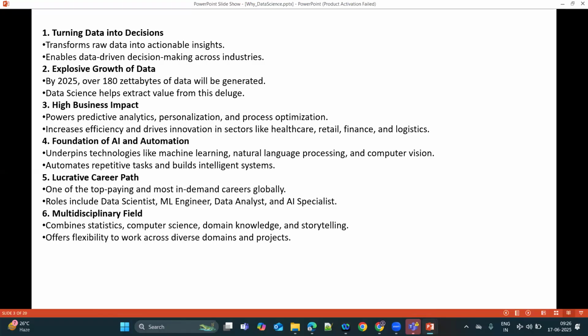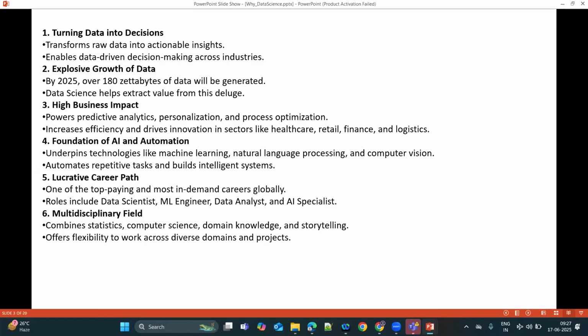And one more thing, it is a multidisciplinary field. As I told you, data science is the ocean, and there we'll be using multiple technologies like statistics, mathematics, linear algebra, machine learning algorithms, and deep learning algorithms. Also, if you are working in the banking sector, obviously you need some domain knowledge of the banking sector.